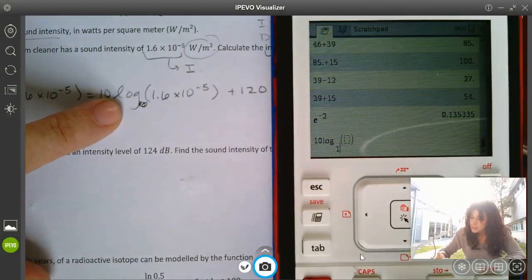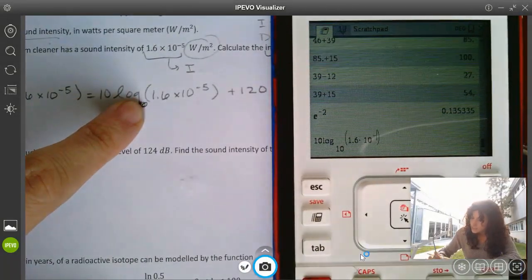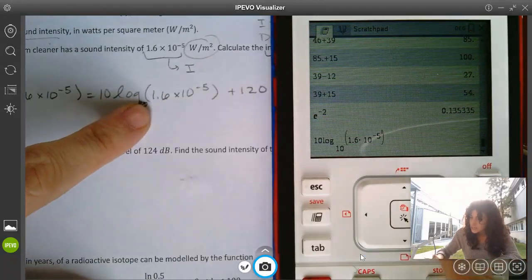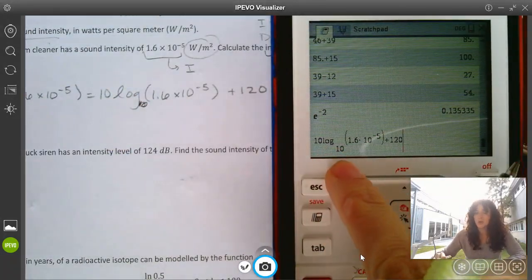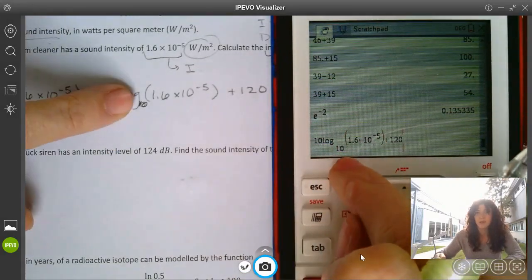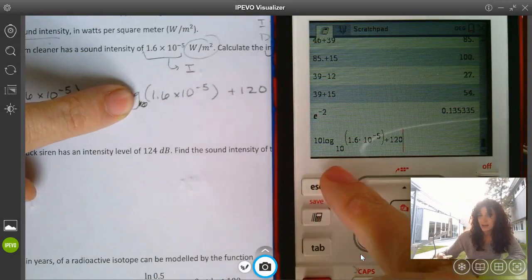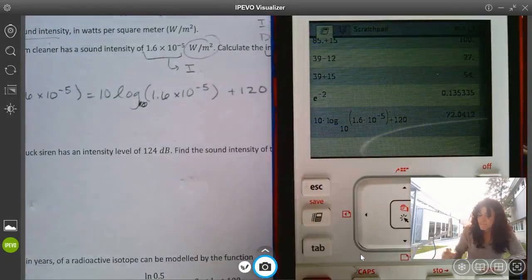So that base there is 10, and then we do 1.6 times 10 to the negative 5, and then plus 120. The reason I wanted to go through this with you is because I know that when you put this into your calculator, you might have paused and been like, wait, I don't have a base. And that's because you do have a base, it's a base of 10.